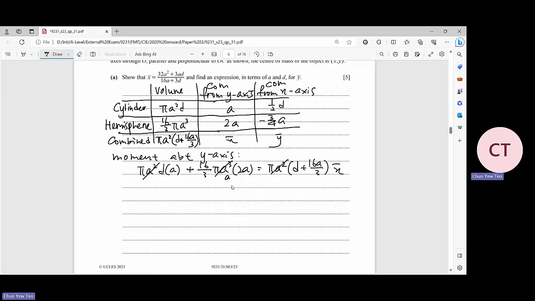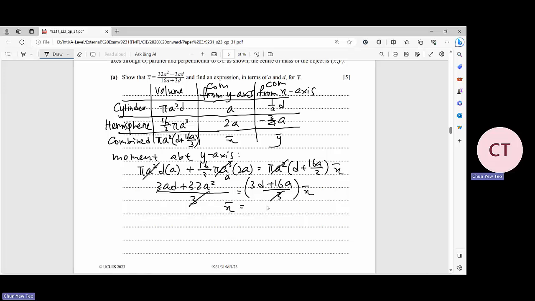This one is a, a remains over here. So you have 3ad plus 32a squared, divided by 3, is equal to 3d plus 16a over 3 bar x. Okay, so now you can cancel the 3.